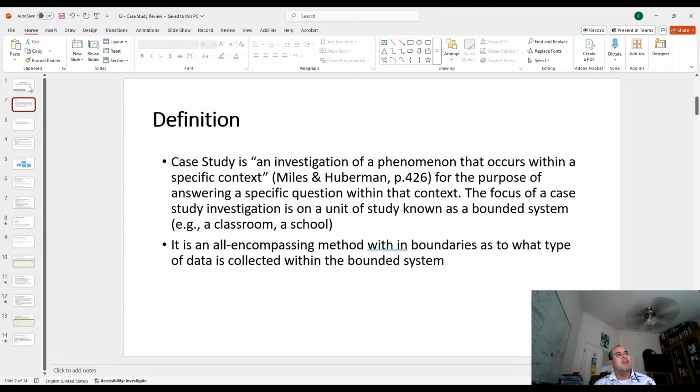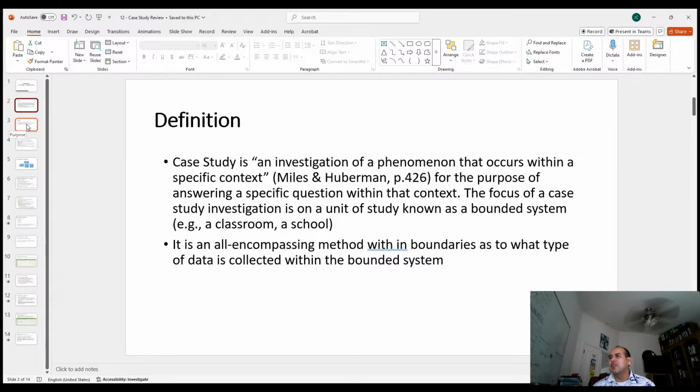Generally, the amount of data, qualitative, quantitative, is endless, and that's why it's a case study. That's not really about the method, but it's really more about understanding that specific context in depth. Okay, it is an all-encompassing method within boundaries as to what type of data is collected within the bounded system.